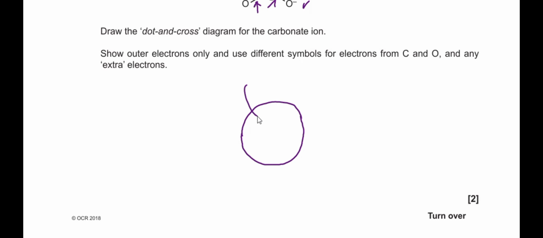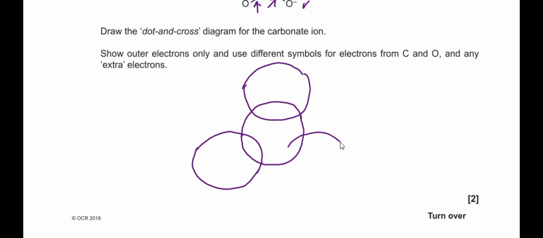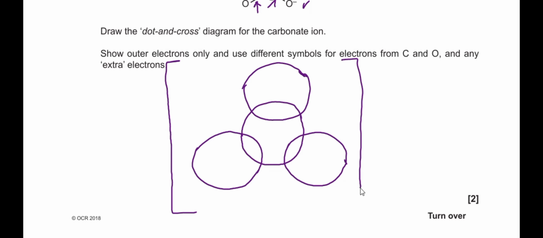One oxygen atom here, one oxygen atom here, and one more oxygen atom here. And before we forget, let us put the square bracket here and square bracket here and put the overall charge as 2 minus here.